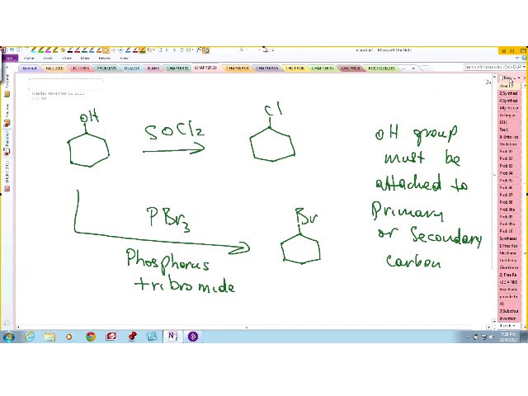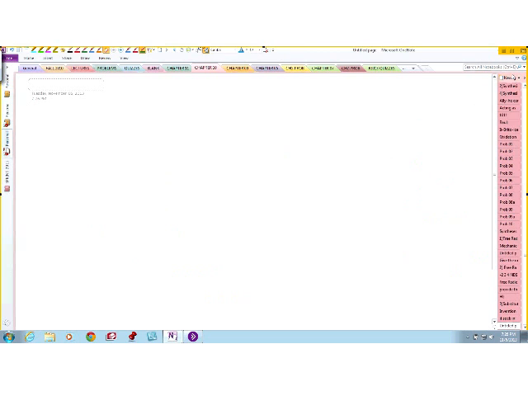Let me give you an example. Are you writing this? You got it? This here I will give you. The phosphorus tribromide also proceeds with inversion of configuration.